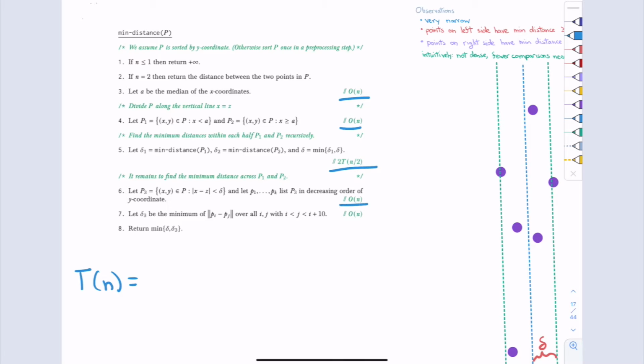I assembled the vertical band, and then I do only a limited number of comparisons within the vertical band. So here's the recursive running time, and we've seen this before. What is this? n log n.